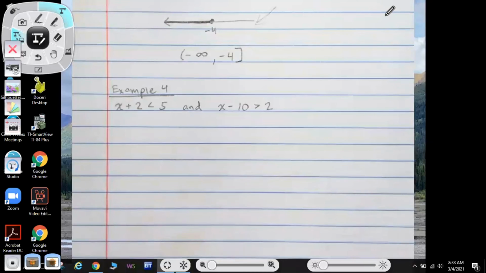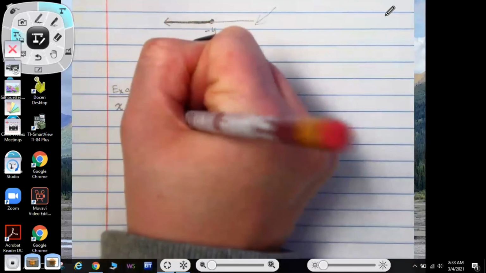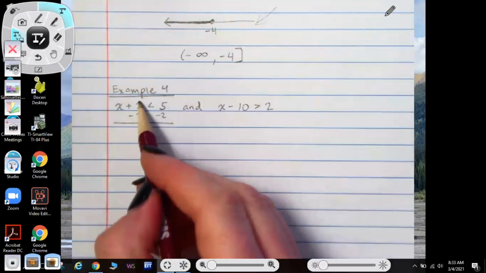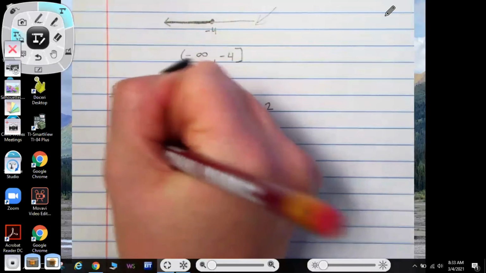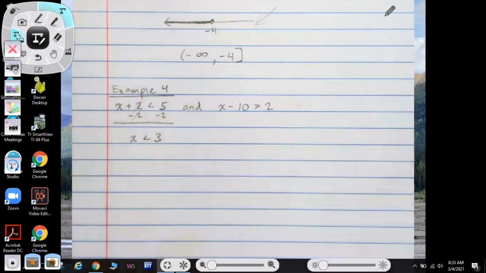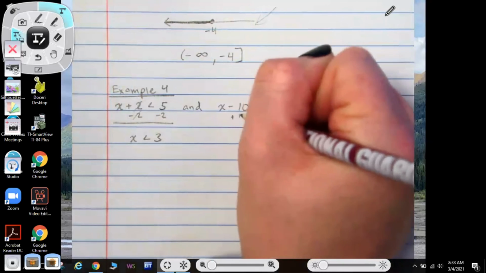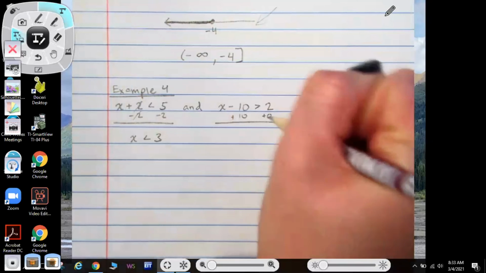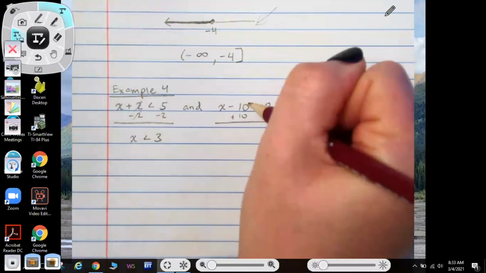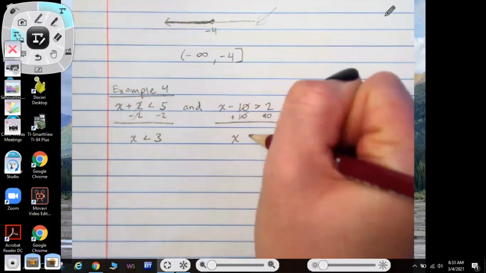Solve both of these inequalities. So we're going to subtract 2 from both sides to get x is less than 3. Add 10 to both sides in this inequality to get x is greater than 12.